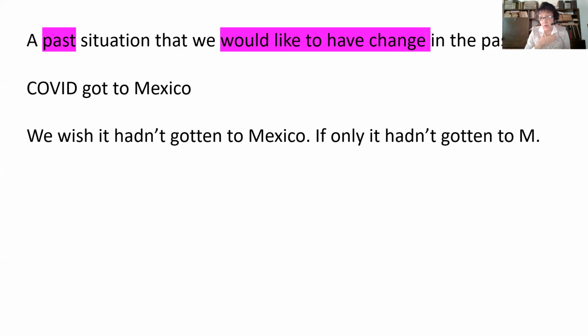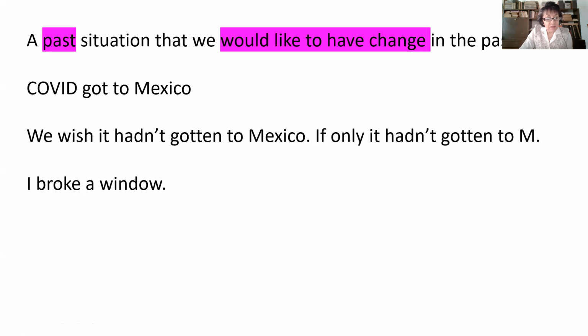Okay, in this case, we. I think we all wish it hadn't gotten to Mexico. This is past perfect. Had and the next verb in past participle. You already know that. It hadn't gotten to Mexico, or if only it hadn't gotten to Mexico.